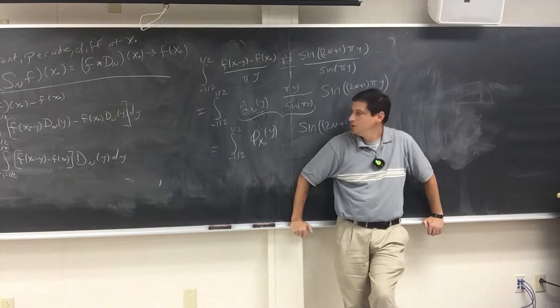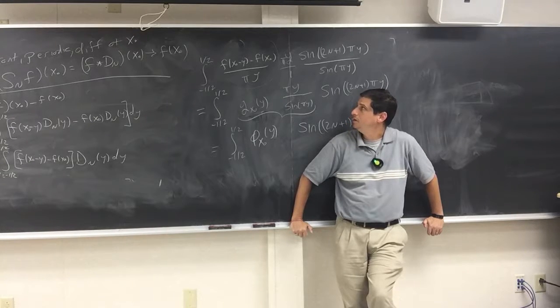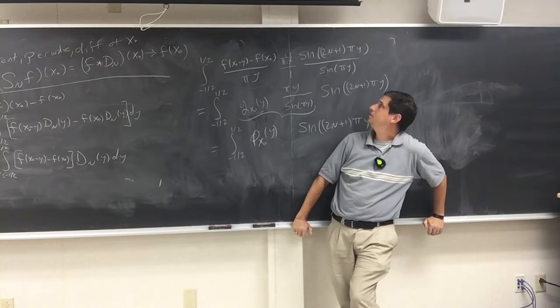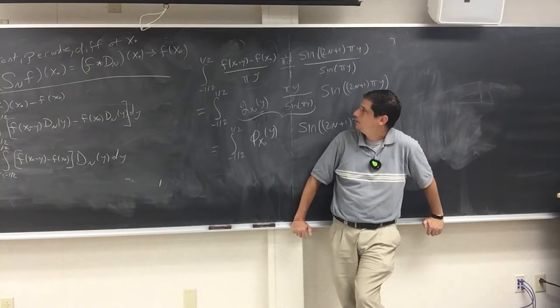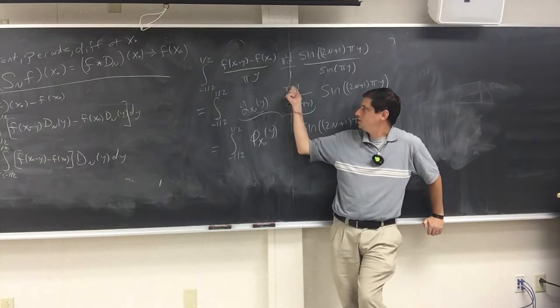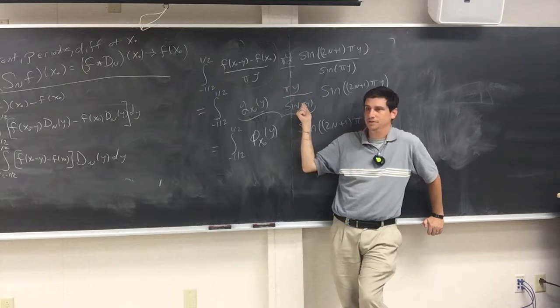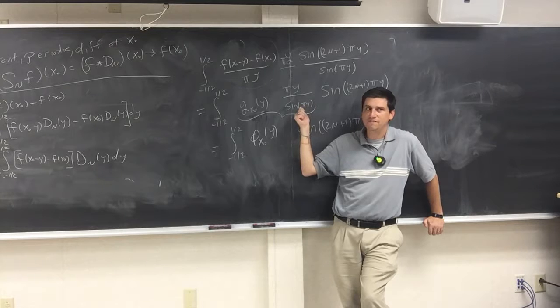It's periodic. So f is periodic. Then we've got to be a little bit careful. I'm not quite convinced that this is periodic over here. So I'm not sure we have it's periodic.